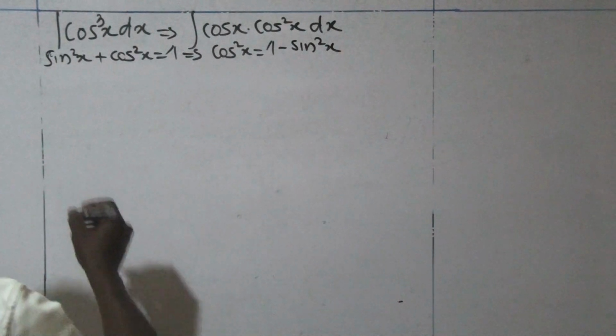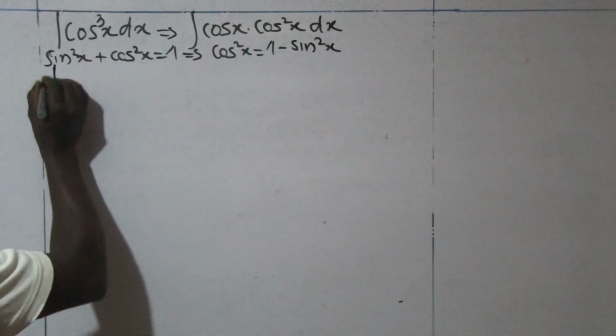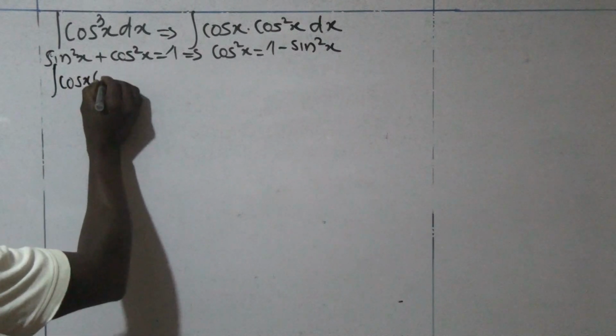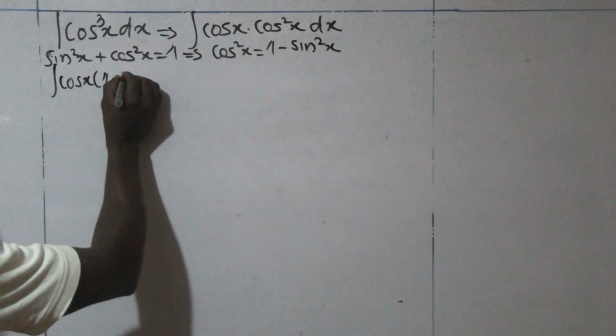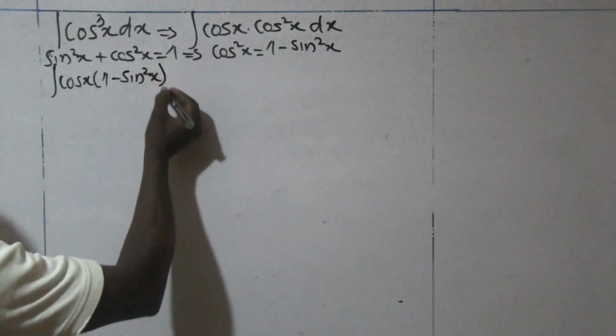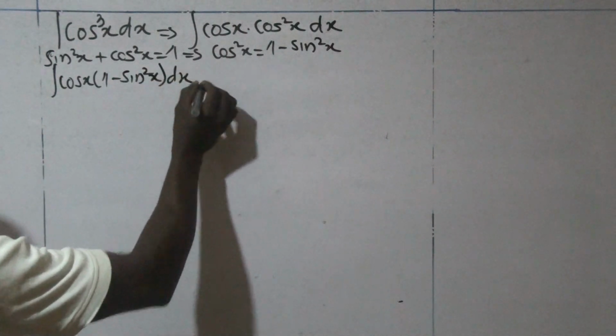If that happens, here we have the integral of cos x into 1 minus sine square x, close the bracket, dx.